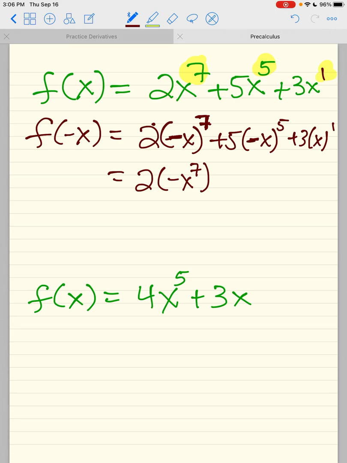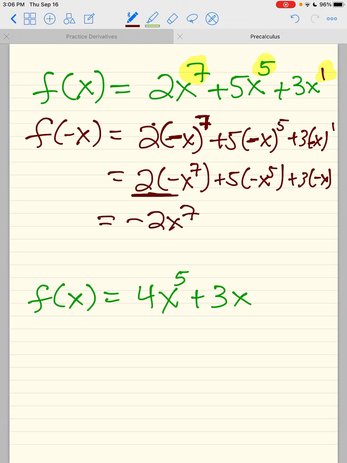Negative to an odd power stays negative. So it's going to be negative x to the 5th. And I should have put a negative there, so 2 times negative 1. So this will be negative 2x to the 7th. This will be negative 5x to the 5th. This will be negative 3x to the 1st.